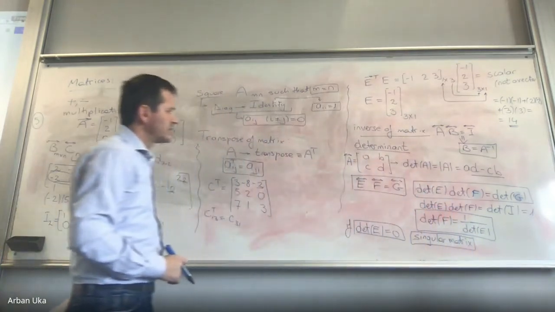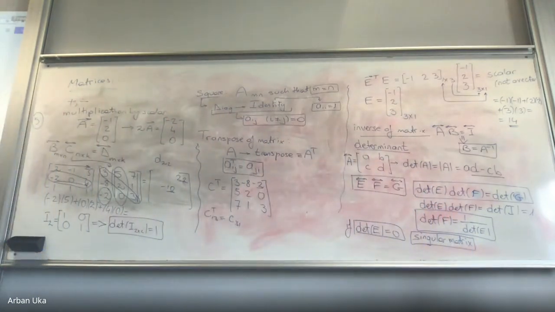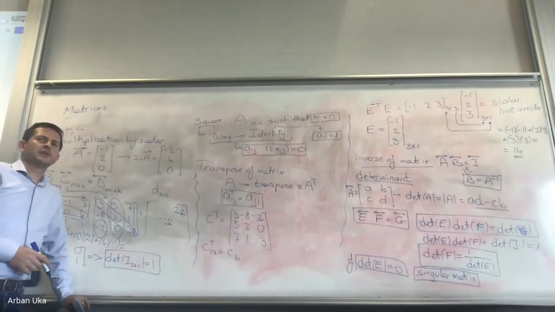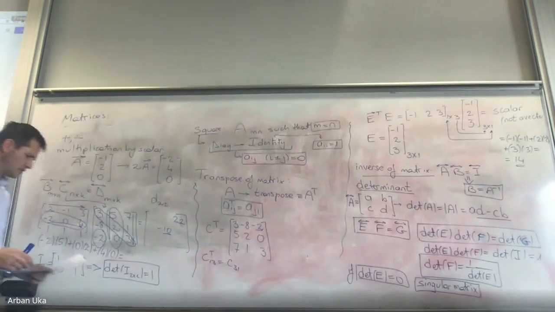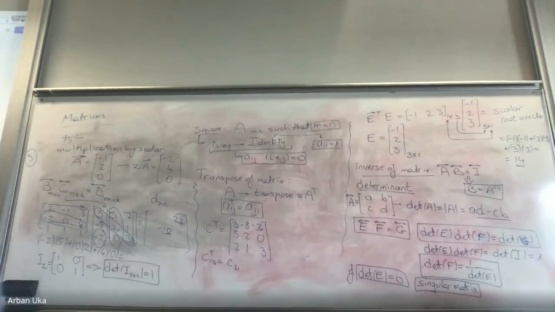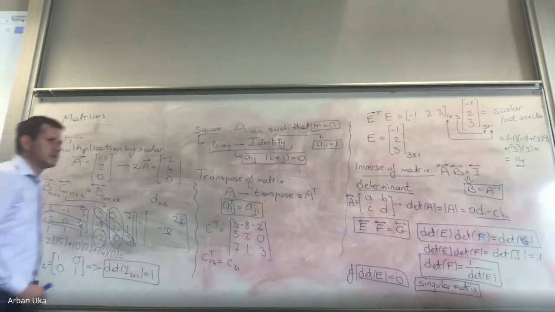Once we have a matrix which is singular, its inverse is not defined. Its inverse does not exist. So that's one thing that we may consider.